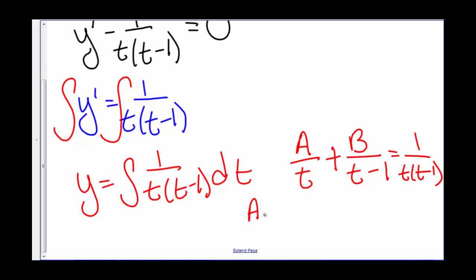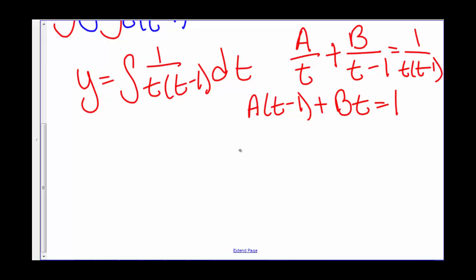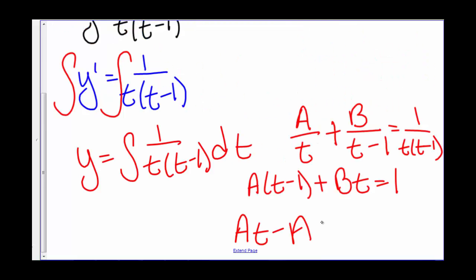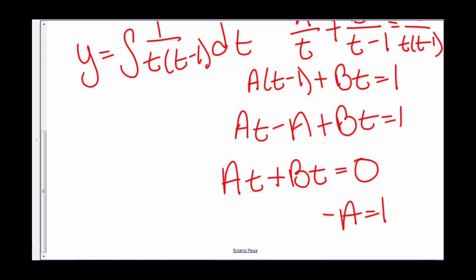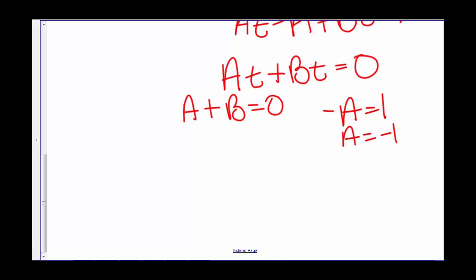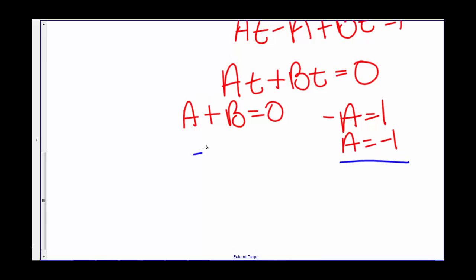So that means that A = -1, and A + B = 0. So since A = -1, -1 + B = 0, so B = 1.